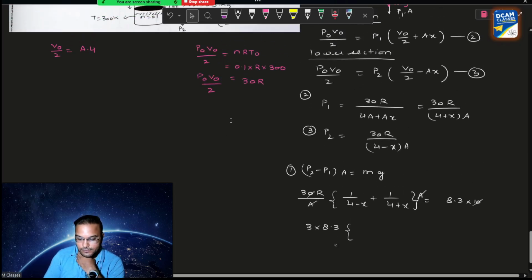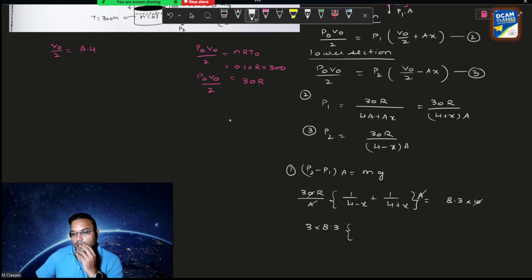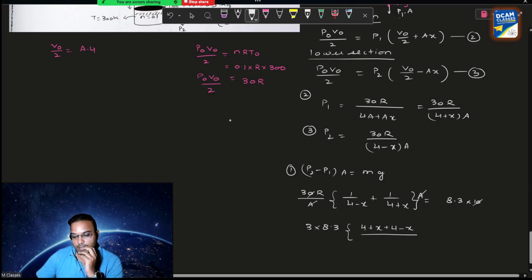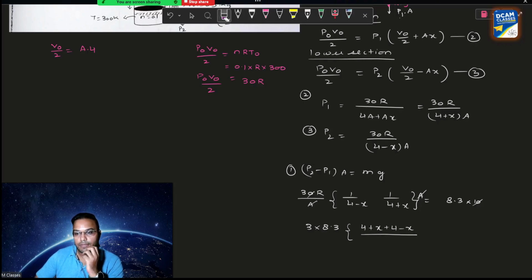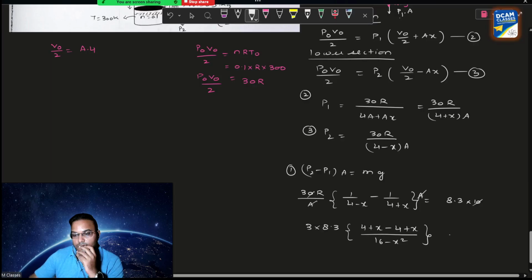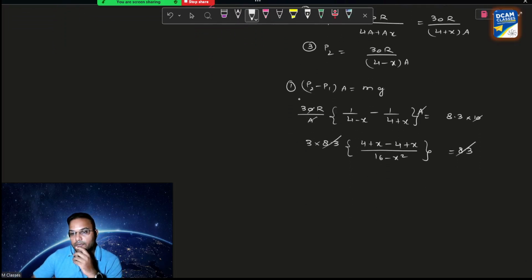Then (4 plus x) minus (4 minus x), yeah, same mistake, why am I doing plus minus. These are cancelling. So 3x is equal to 16 minus x square.